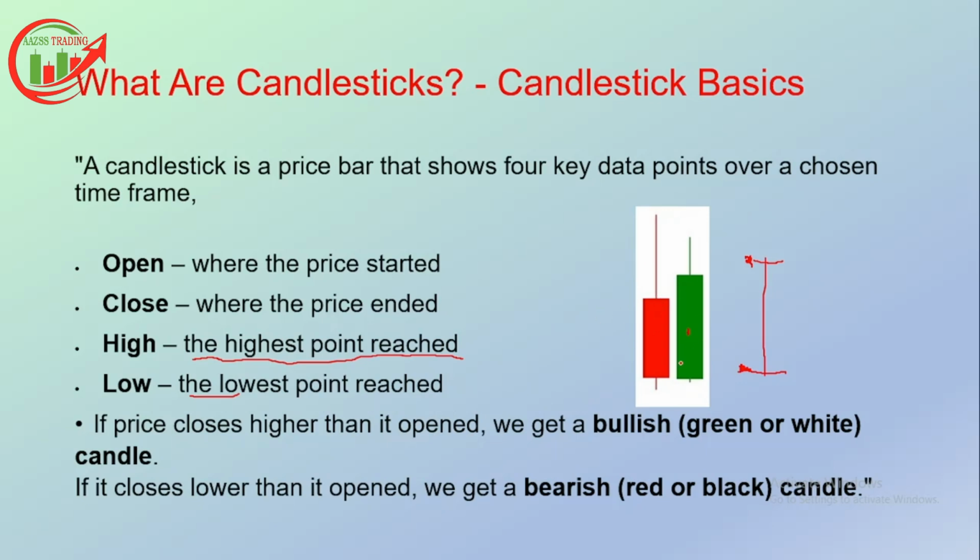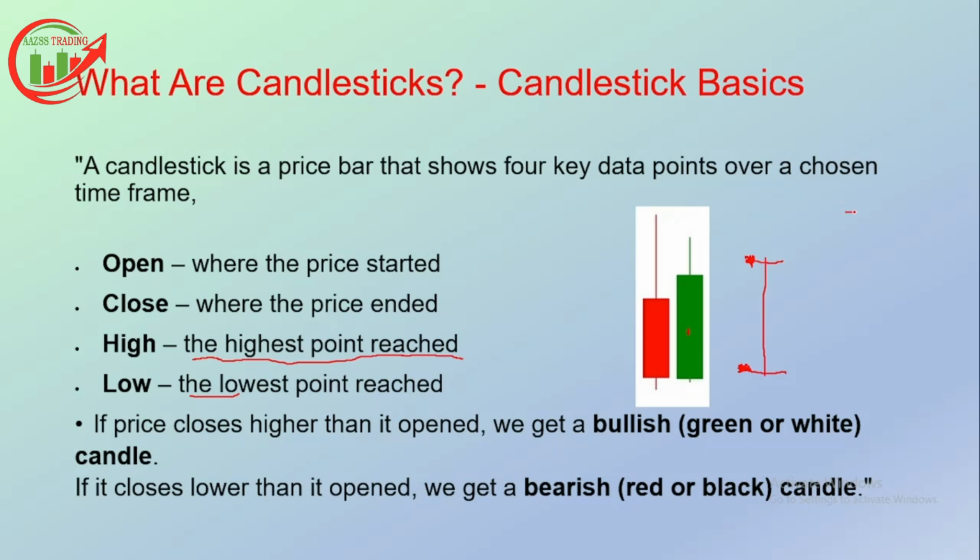Let me give an instance from the first one. If price closes higher than its open, we call it a bullish candle. Price opens here and closes higher here, so this is a bullish candle.